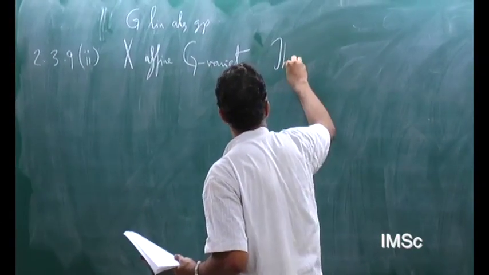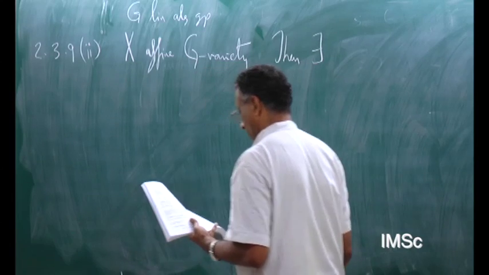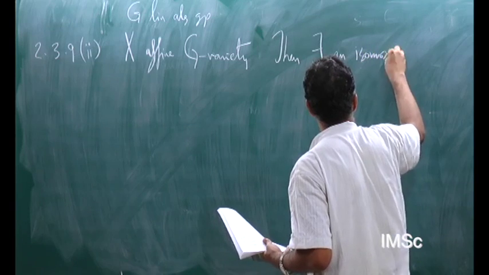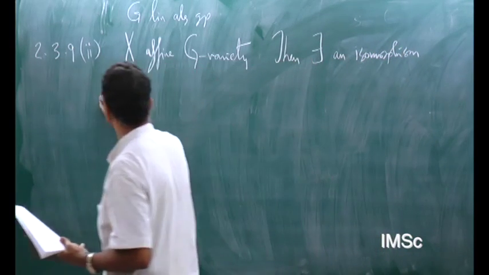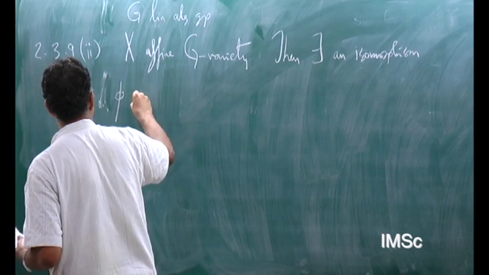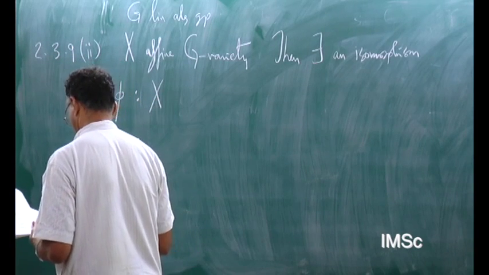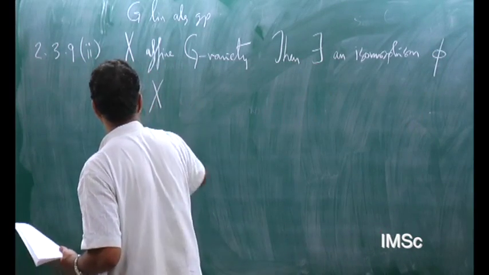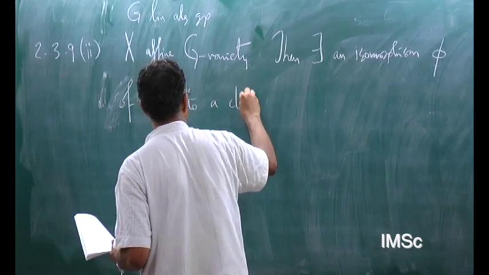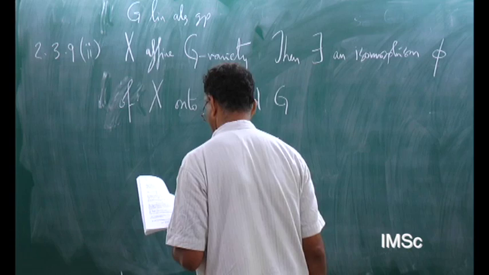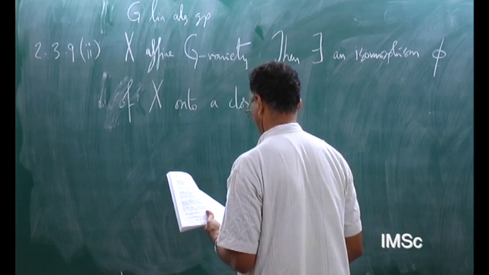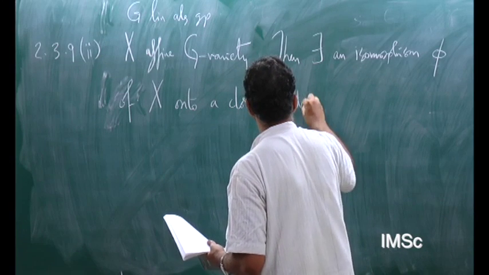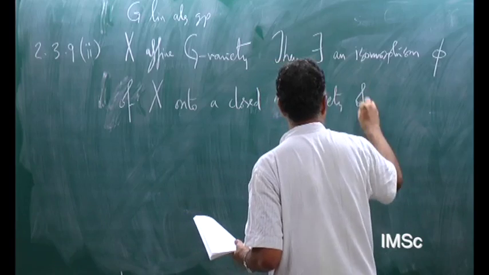Then there exists an isomorphism phi of X onto a closed G-invariant subvariety of some A^n.